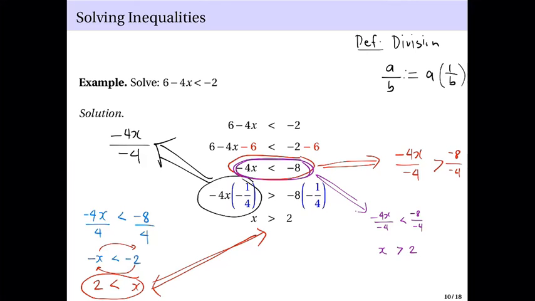This particular step here is a common error of students. If you do this, don't worry, you'll still have the majority of the points if everything is correct.